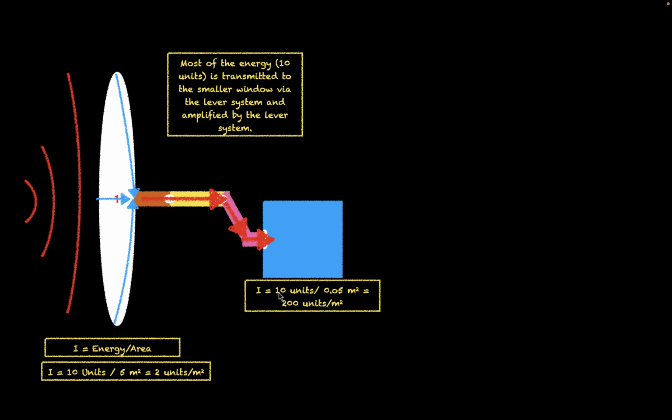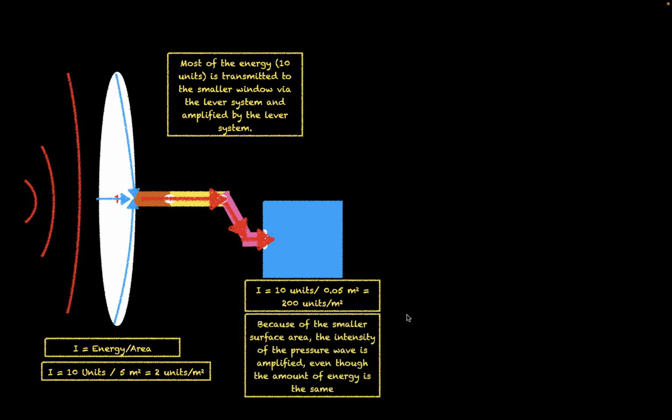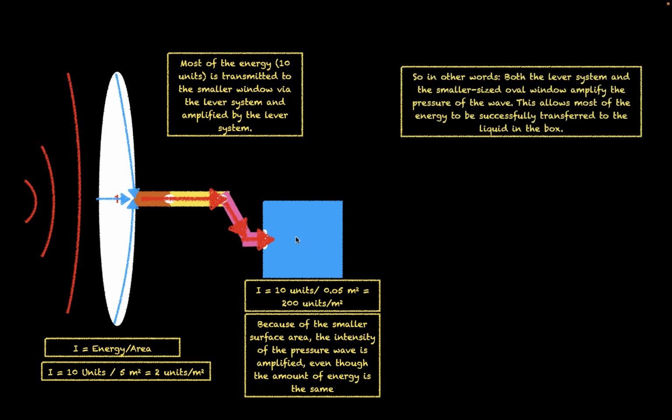So this intensity is 100 times larger than the intensity that was experienced in the first window. As a result, the vibrations of this window are going to be much larger than the vibrations experienced by oval window 1, because the intensity here is larger. And it's because of these more forceful and greater movements that we can transfer the energy into the fluid and cause vibrations in the fluid.